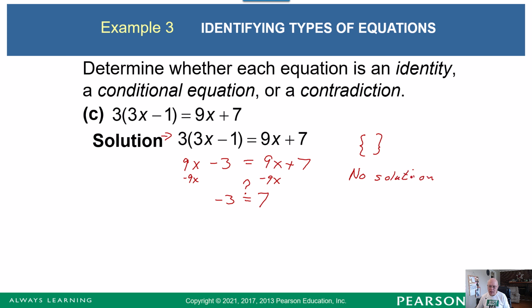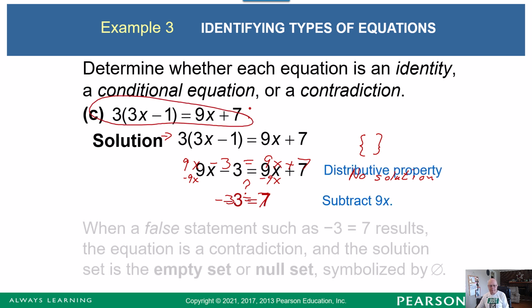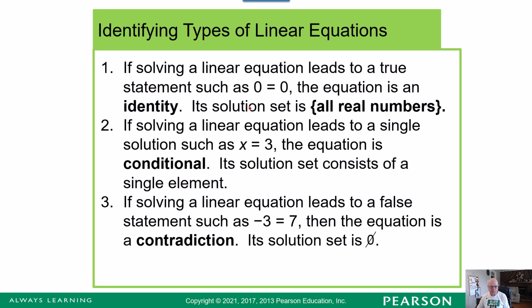No number anywhere will make this equation a true statement. So there's a summary of all three of those. Identities, when it's true for all numbers. Conditional, when it's true for some. And contradiction, when it's never true.